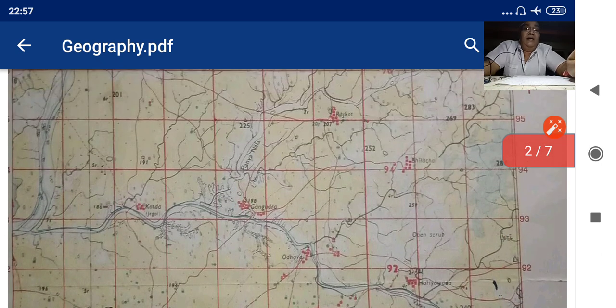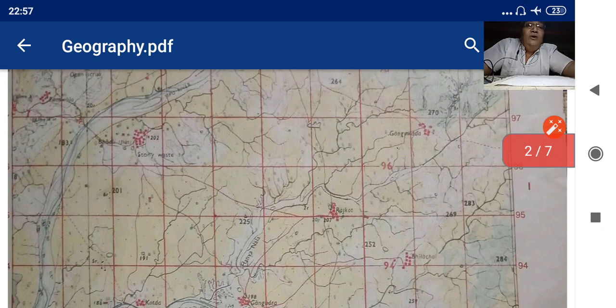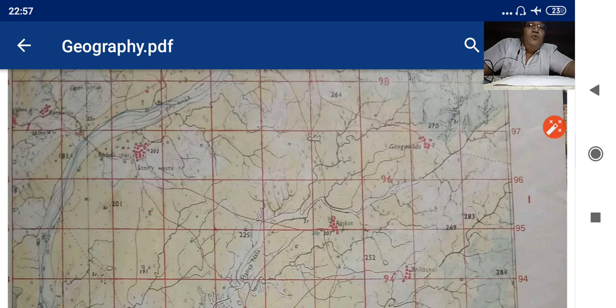For example, you can see the different names on the topo sheet. Here it is Gangodhara, and here it is Rajkot, and if you see a little up you can see Ganguwada. Between these settlements a red line is shown.